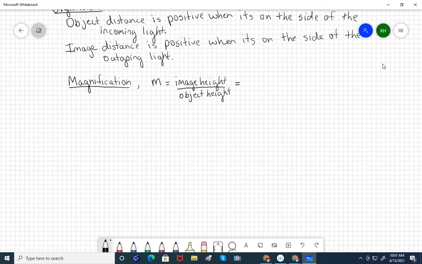Our textbook uses y prime for the image height and y for the object height.